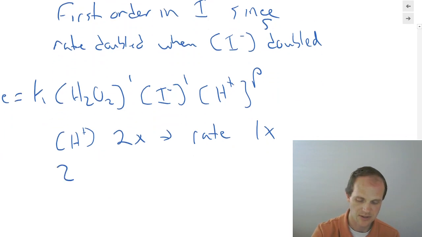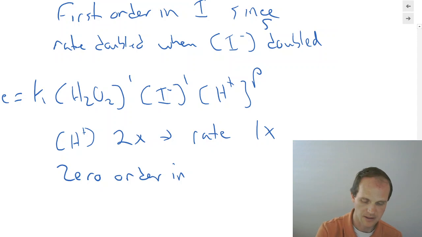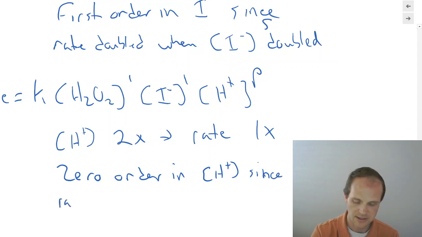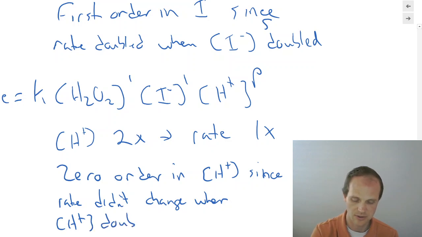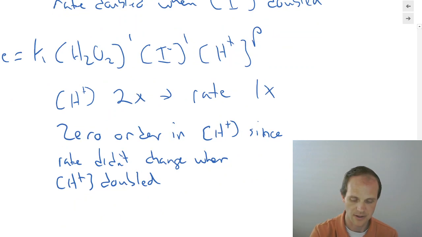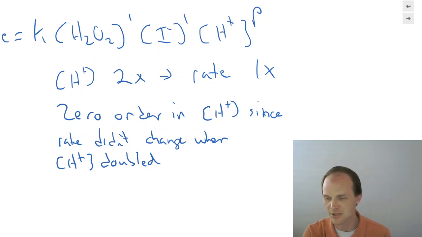So this is 0 order in H plus, since the rate didn't change when concentration of H plus doubled. So there we go. Not the best handwriting, but you get what I mean. We doubled the concentration, nothing happened to the rate, so it's 0 order.